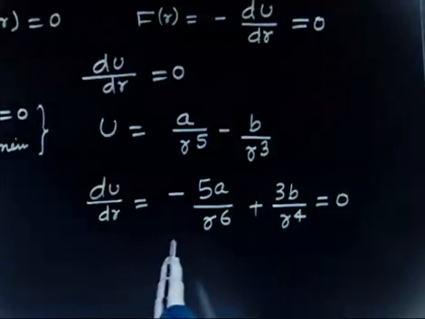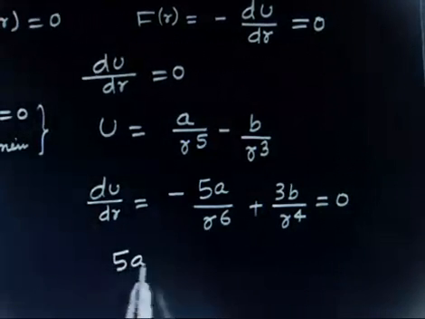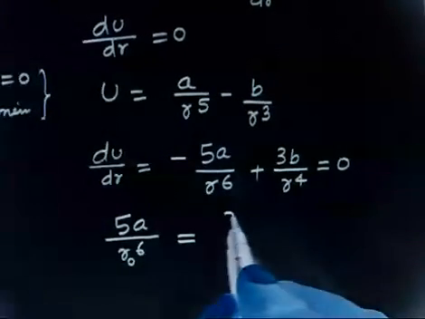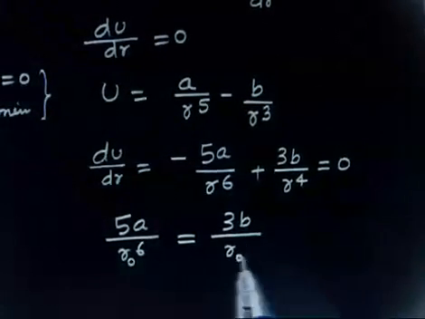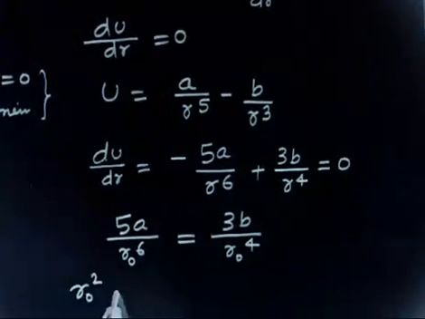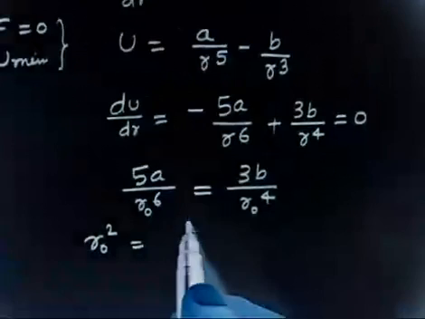So you can say 5A by R naught to the power 6 is equal to 3B by R naught to the power 4. So R naught square is equal to 5A by 3B.